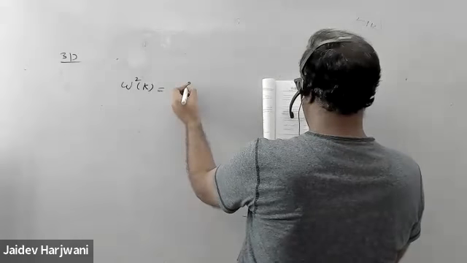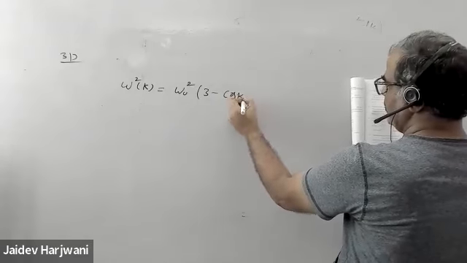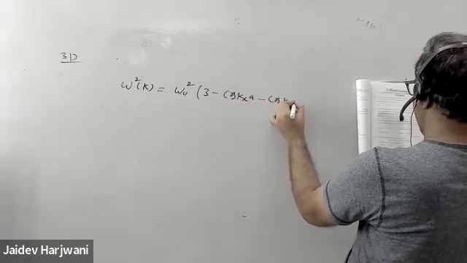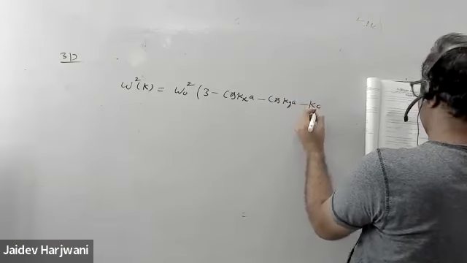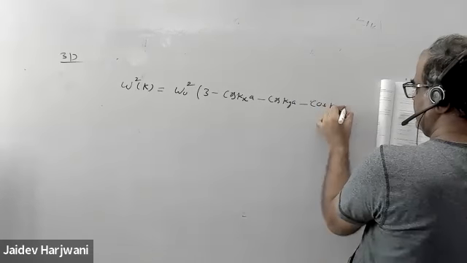Omega cube, 3 minus cos k_x a minus cos k_y a minus cos k_z a.